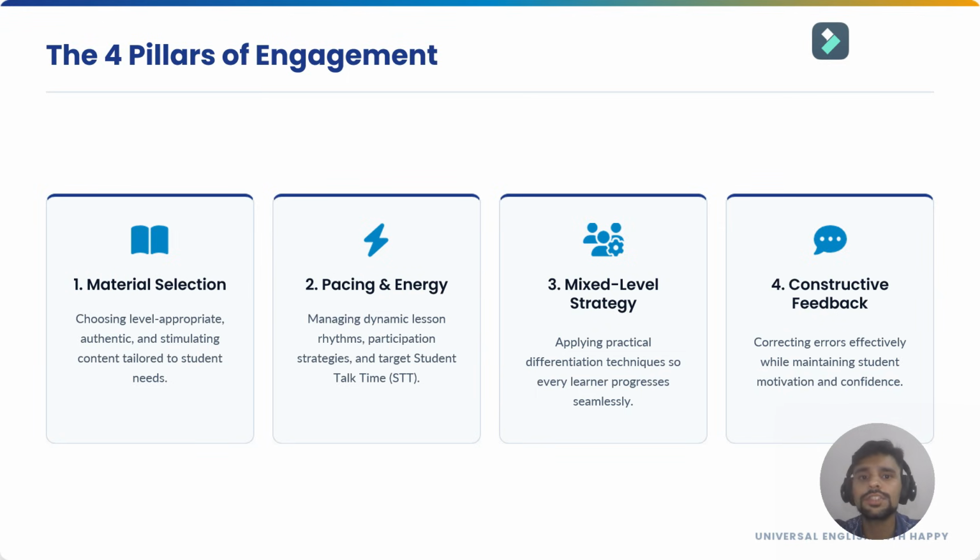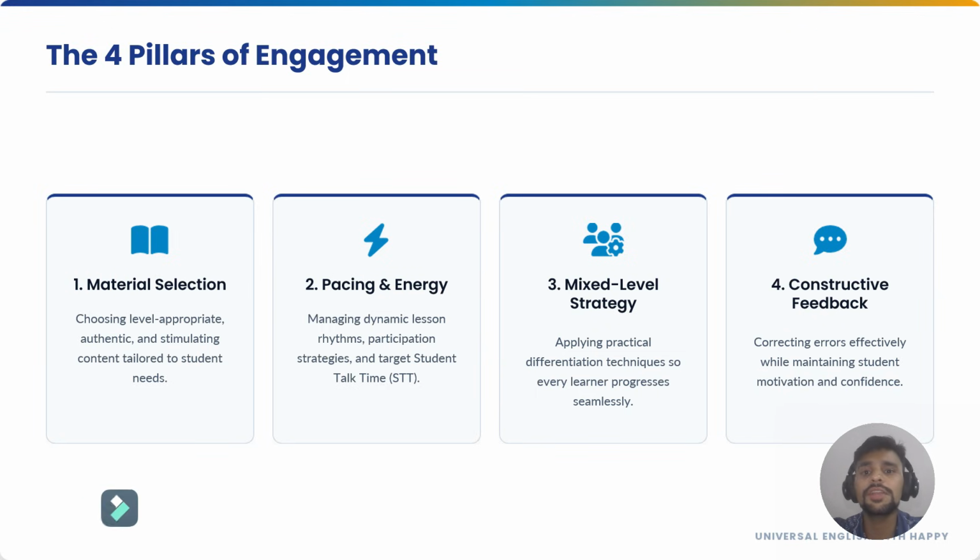Engagement is not something that happens by accident or luck. It is a direct result of alignment across these four fundamental pillars on slide 3. Think of engagement like a four-legged chair. If one leg is broken, the chair becomes unstable.